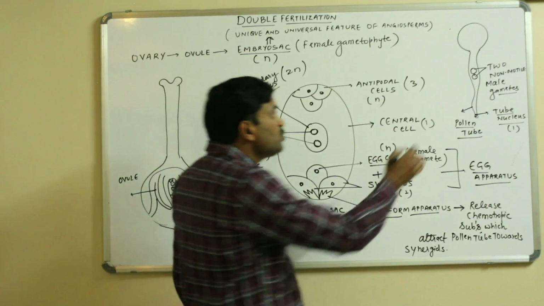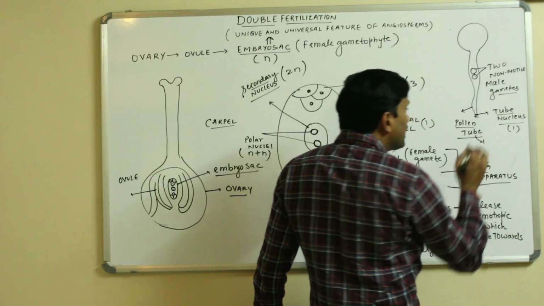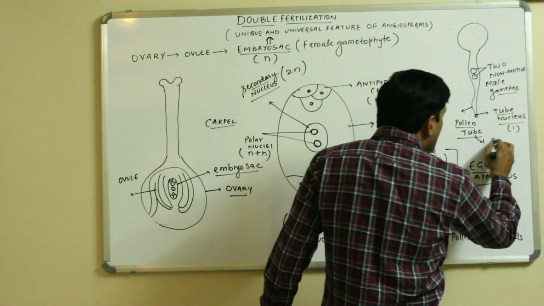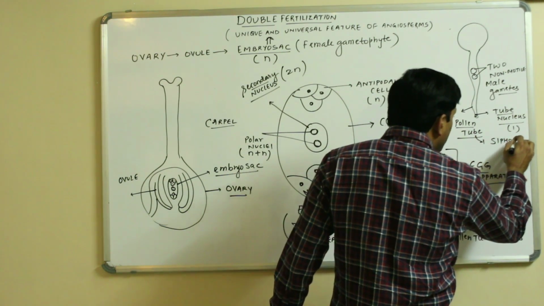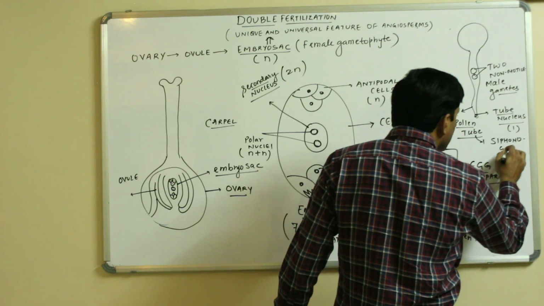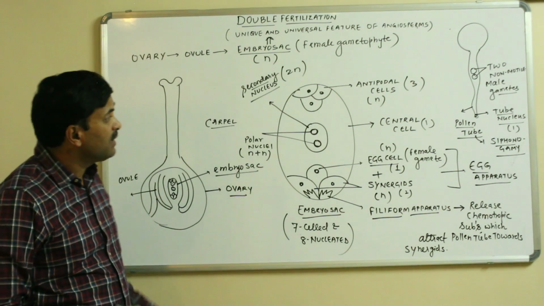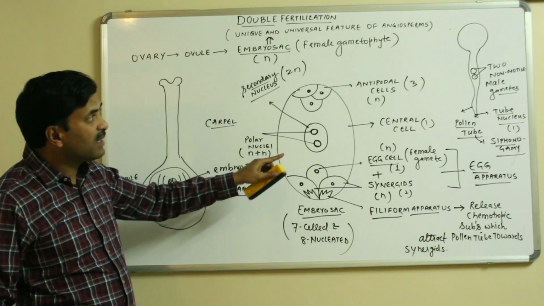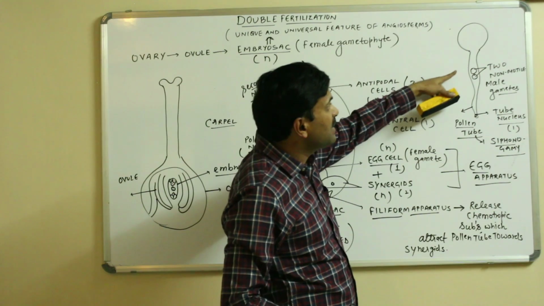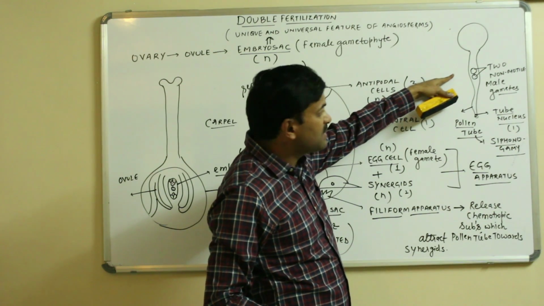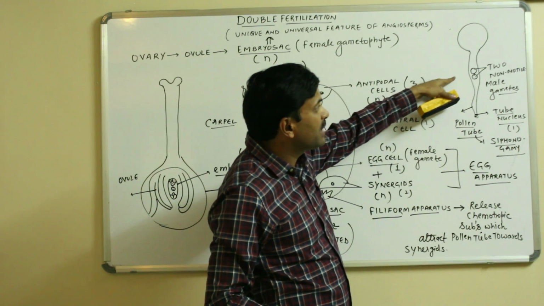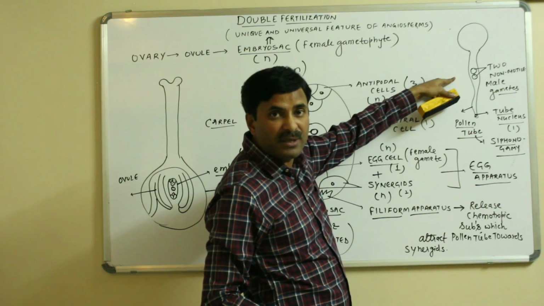When the pollen tube carries the male gametes to their destination, it is called siphonogamy. So this is the embryo sac and this is a germinated pollen grain consisting of one tube nucleus and two non-motile male gametes.